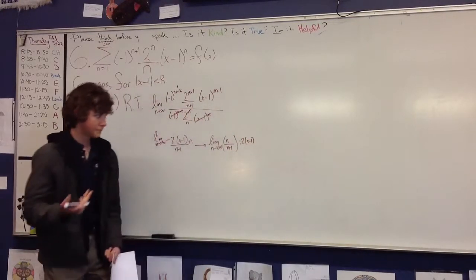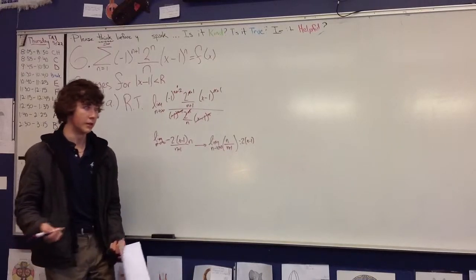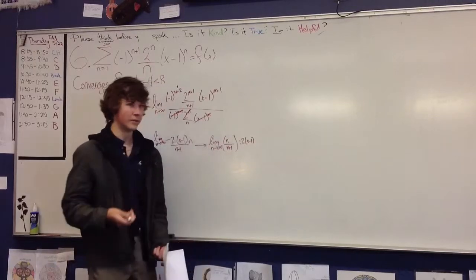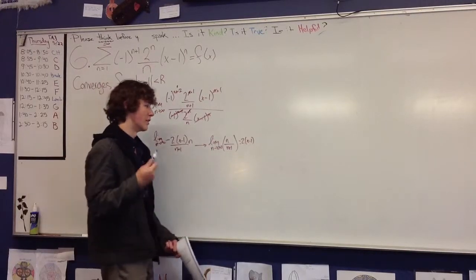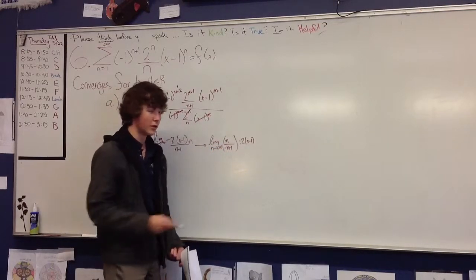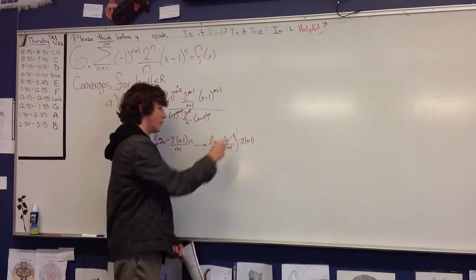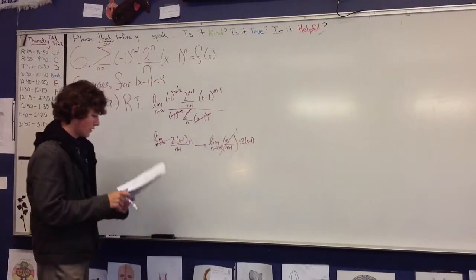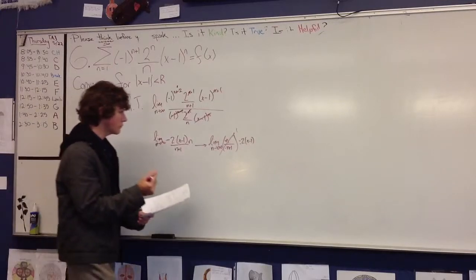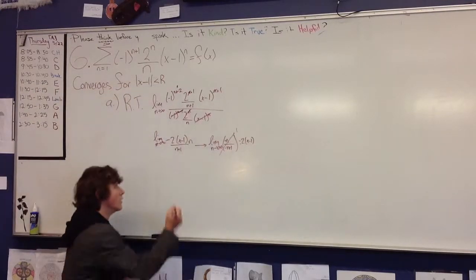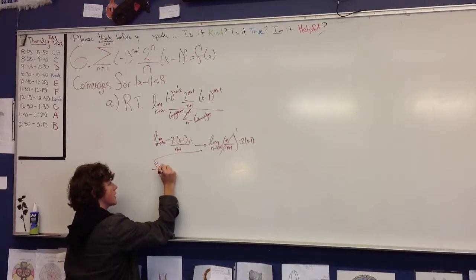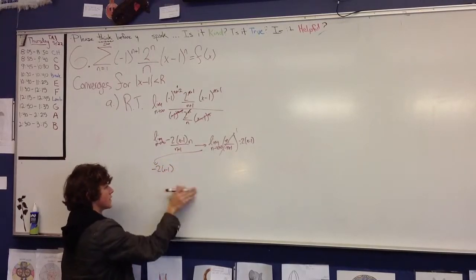And of course, just from knowing limits at infinity, one of the rules is that if the degree of the numerator and the denominator is the same, it's just the division of the two leading constants, and since that's 1, this simplifies to 1. So you're left with negative 2 times x minus 1, and this is how you're supposed to find the radius of convergence.